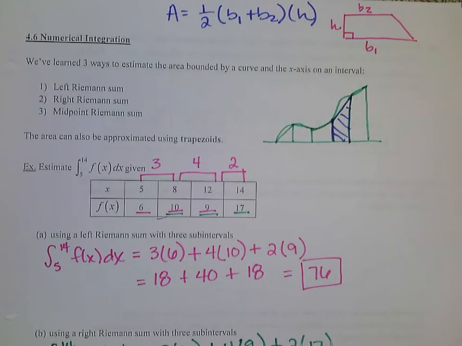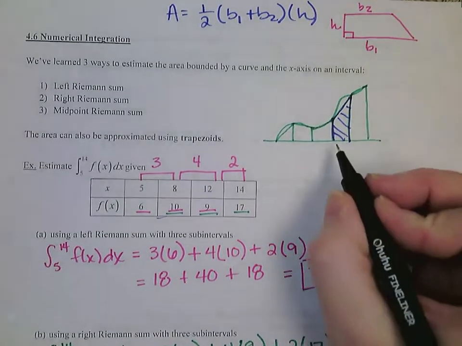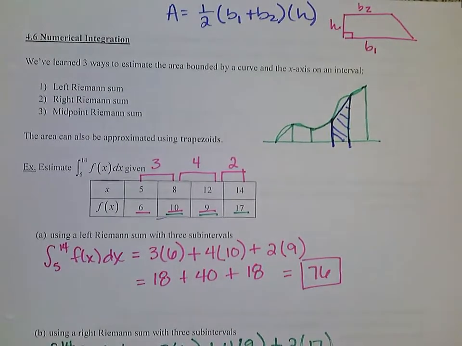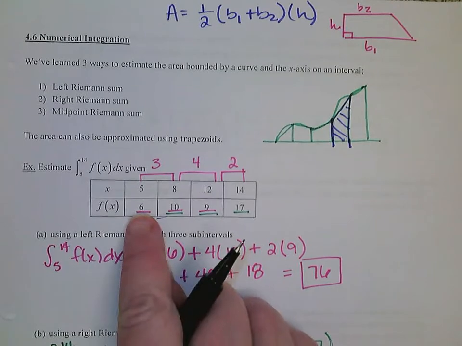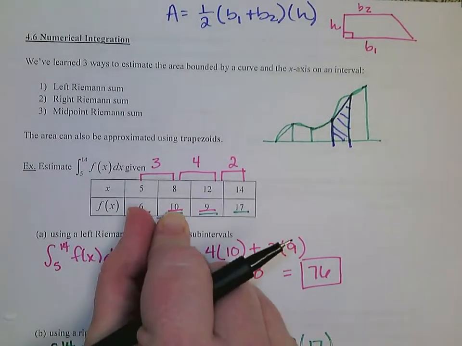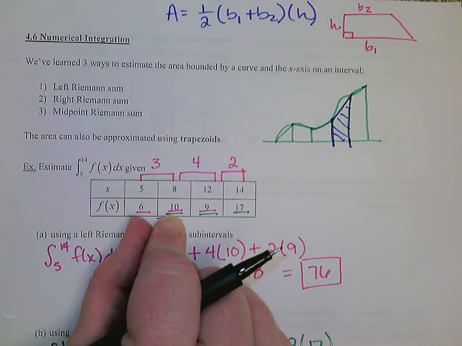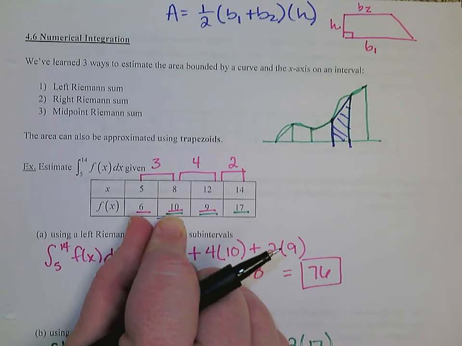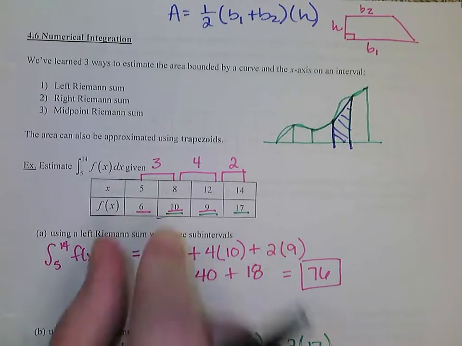F of x where? The function value at the beginning of my partition and the function value at the end of my partition. So now the left and right function values represent the bases of the trapezoid, whereas before they represented the height of the rectangle. What would the height of my trapezoid be?